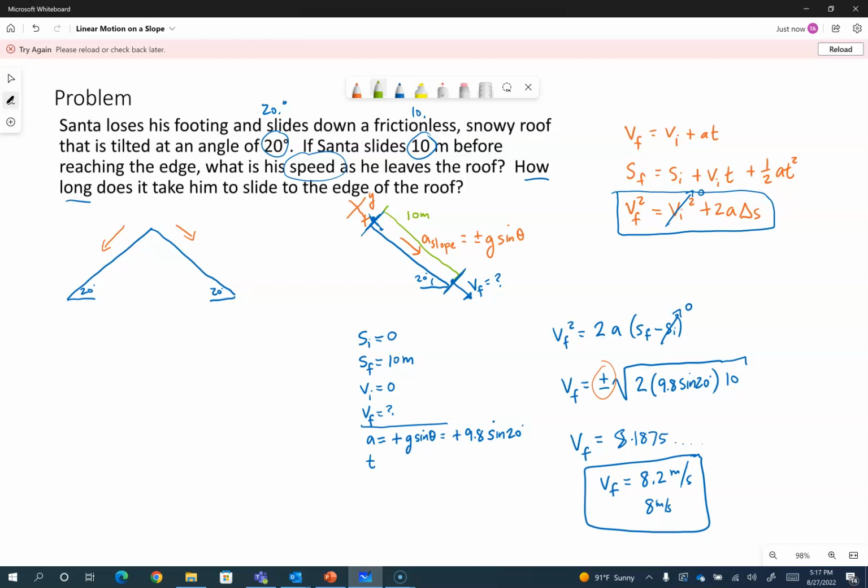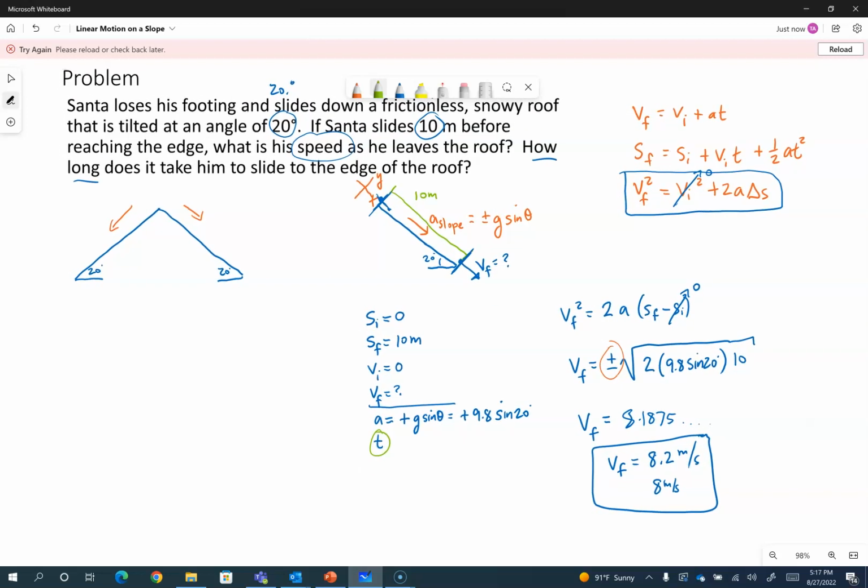The second question, how long does it take him to slide to the edge of the roof? We want time now. We can either use the top equation or the middle equation. They both have time, and we do have enough information to solve either one. So whichever one you like better. Let's see, we don't have t squared in the top one, so it does look like it might be a little simpler to solve. V initial is 0. We have now calculated V final.